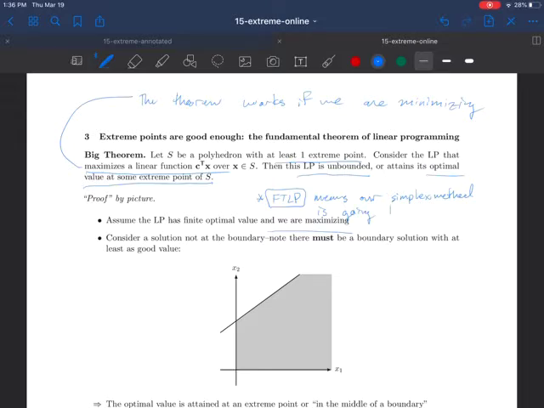So it's a really important theorem, which of course you should have guessed from the title, fundamental theorem.